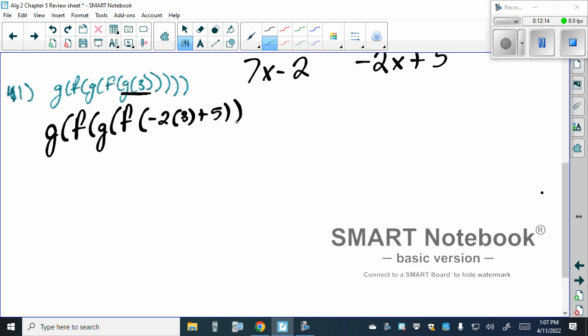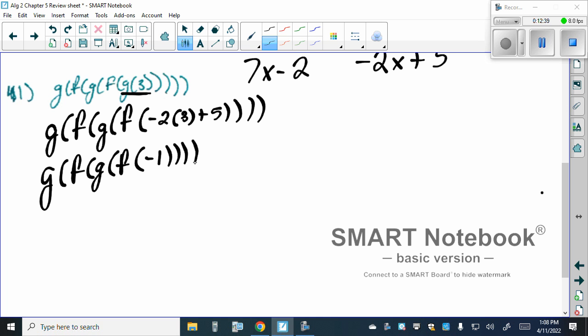Why do they got 3 of those? Because we're going to do the function each time, because, again, we're working from the inside out. So, we plug 3 in first. Well, can we type negative 2 times 3 plus 5 into the calculator? Yeah. Because negative 2 times 3 is negative 6, plus 5 gives us negative 1.